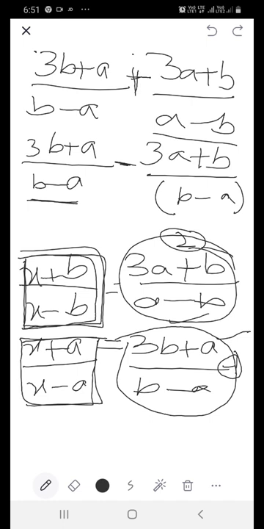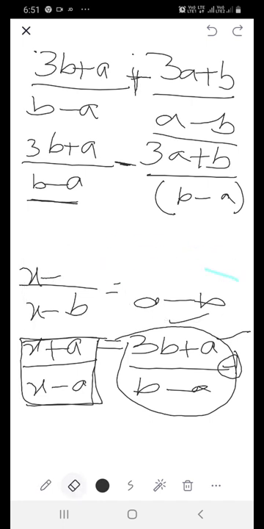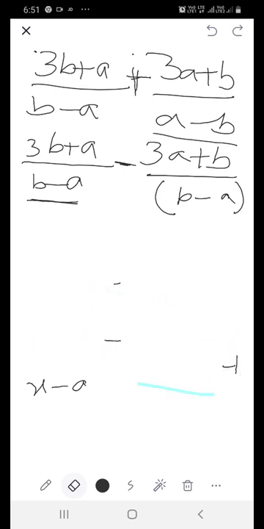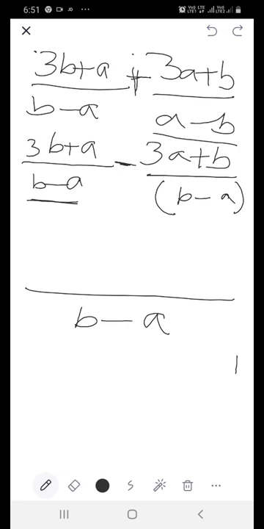Now you can take the LCM, the factor b minus a. Take the LCM as b minus a. You will be left with 3b plus a.